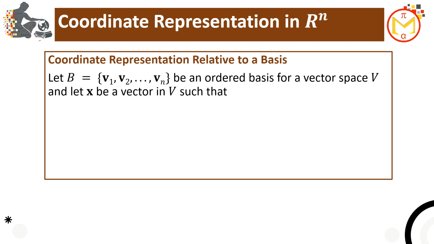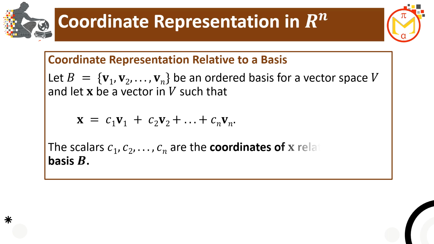What is the coordinate representation relative to a basis? Let B be an ordered basis for a vector space V, and let x be a vector in V such that x is the linear combination of the vectors in B. So x is equal to c sub 1 v sub 1 plus c sub 2 v sub 2 up to c sub n v sub n.